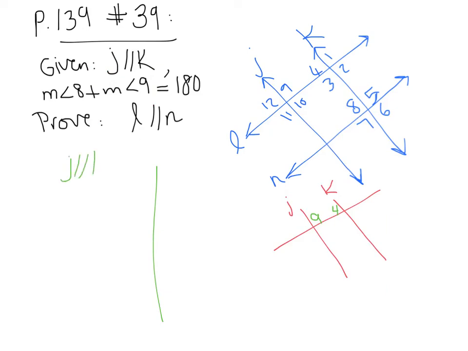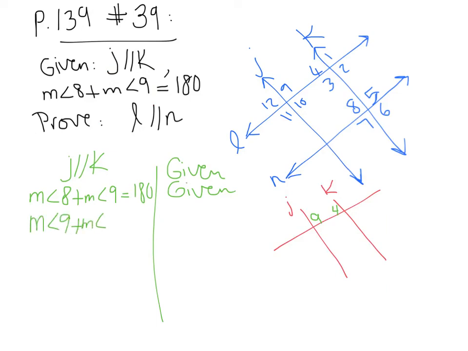So I'll go ahead and write the givens. And I'll write what I concluded, picking angle 4, that angle 9 plus angle 4 equals 180. And the reason is same side interior angles of parallel lines. And yes, I can write same side interior because I'm working with J and K, which are given to me parallel.